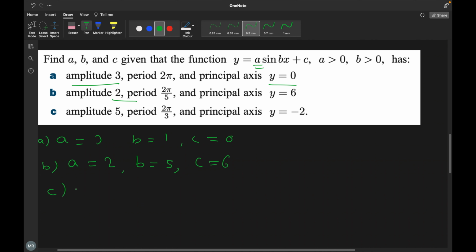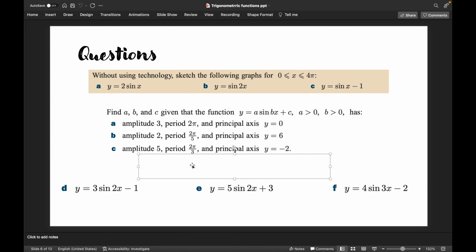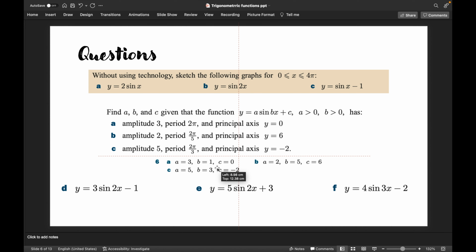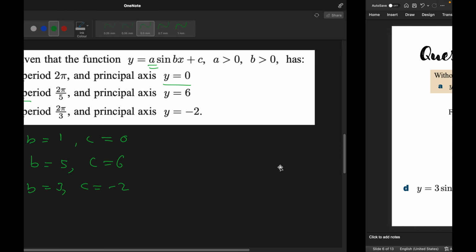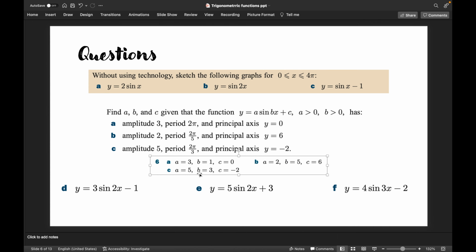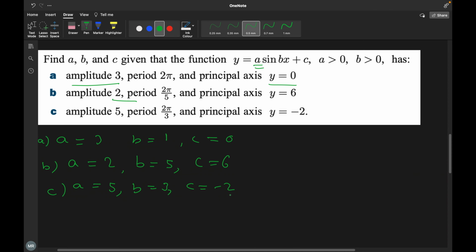Now let's look at the last one. A is 5, b is 3, and c is minus 2. Let's look at the answer: 2, 5, 6, 5, 3, minus 2. So we got the answer.